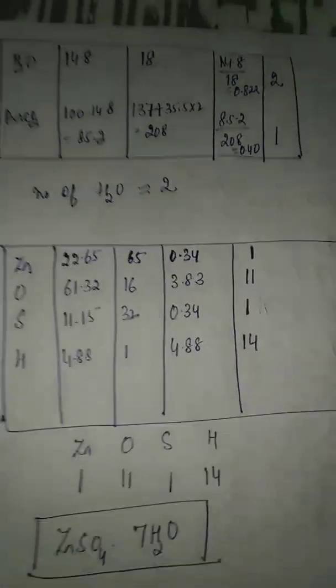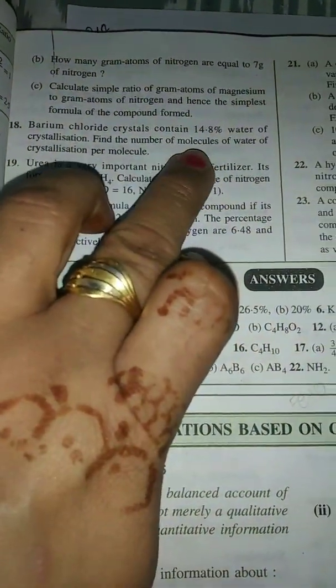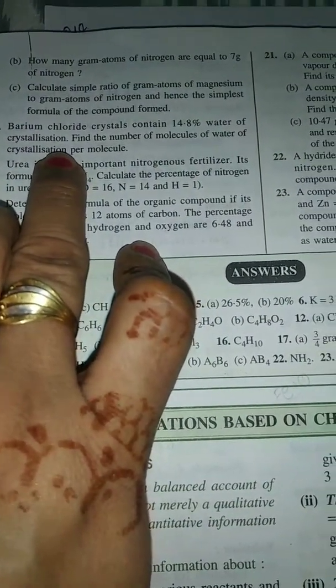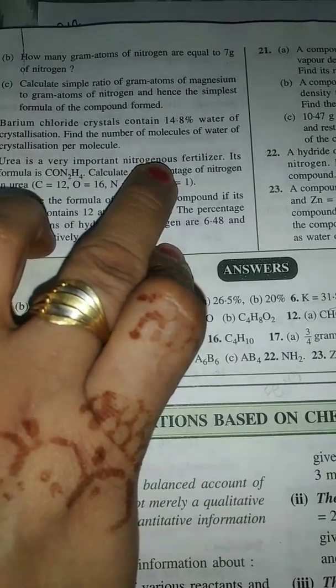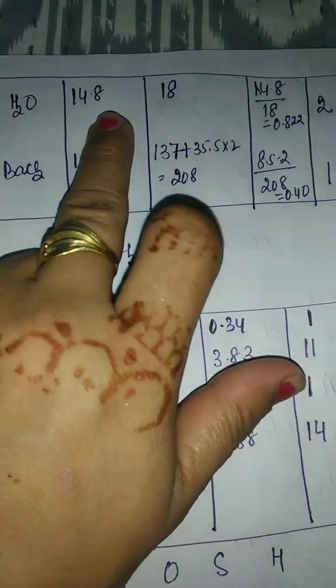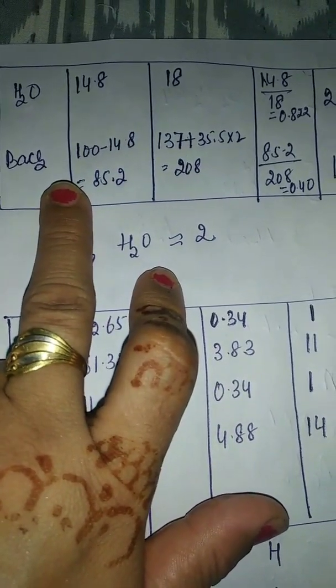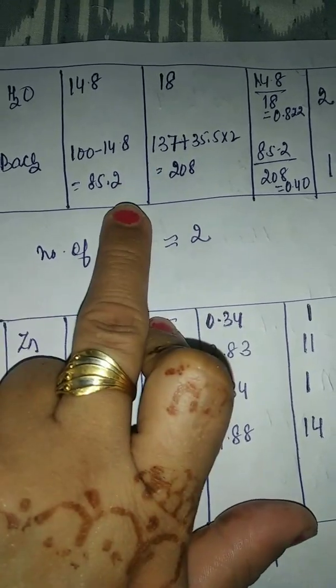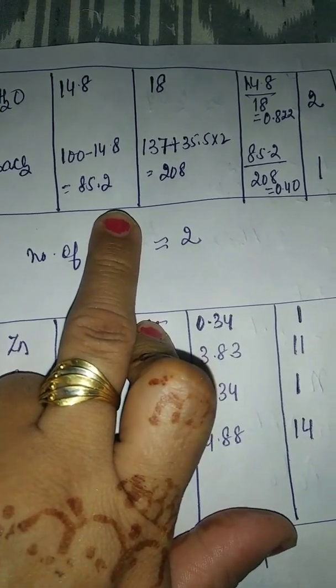Come to next question, question number 18. Barium chloride crystal contains 14.8% water of crystallization. Find the number of molecules of water of crystallization per molecule. Now in this case, water percentage is given as 14.8, and from here we will calculate the percentage of barium chloride. 100 minus 14.8, that will be 85.2.